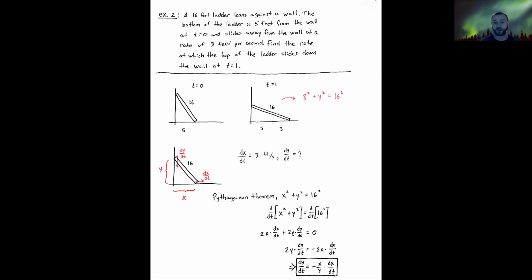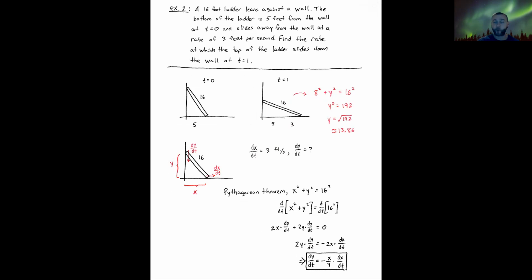Notice in your end result down in the box there, we have x and y appearing in our answer for dy over dt. So we know x right now at time equals 1 is 8 feet. We're trying to solve for y. And if you apply the Pythagorean theorem, we can do that. And you should find that y comes out to be the square root of 192, which is approximately 13.86.